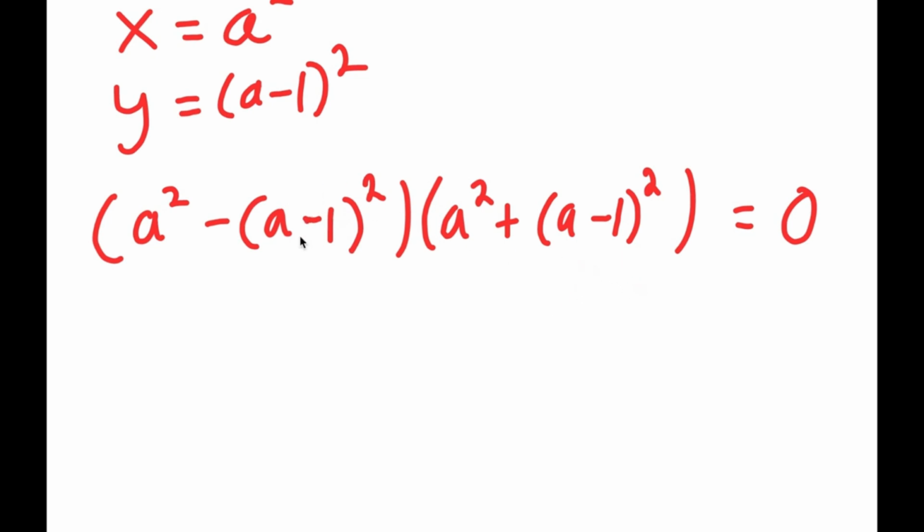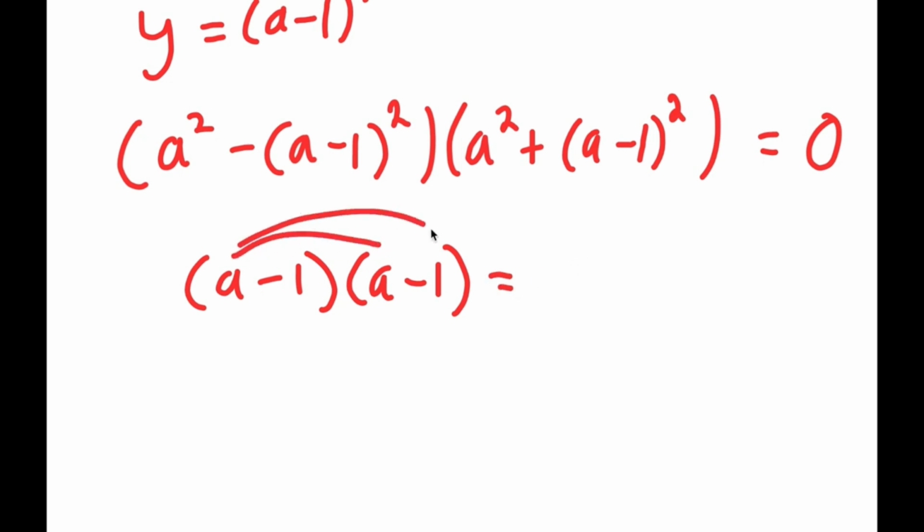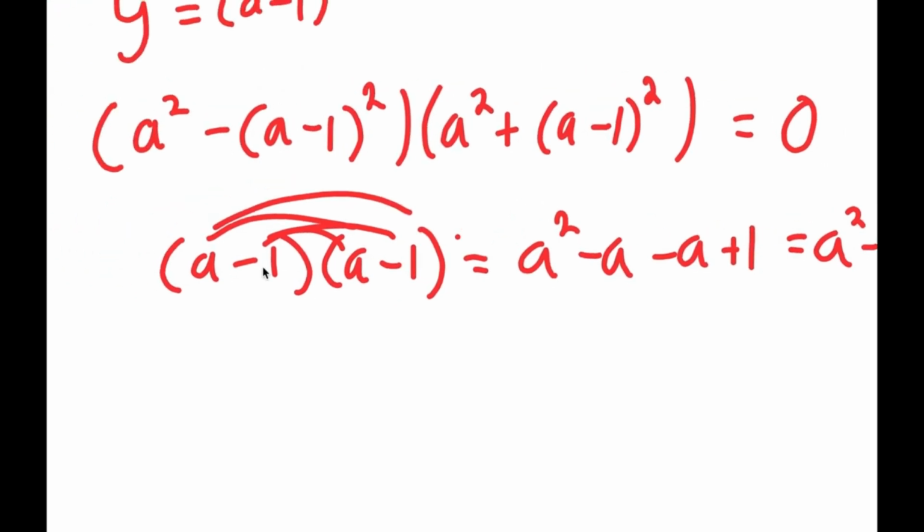Now, we're going to go ahead and expand (a minus 1) squared. So (a minus 1) squared is the same thing as (a minus 1) times (a minus 1), which is equal to, I can distribute the a, a squared minus a. Now if I distribute the negative 1, minus a plus 1, which is equal to a squared minus 2a plus 1.